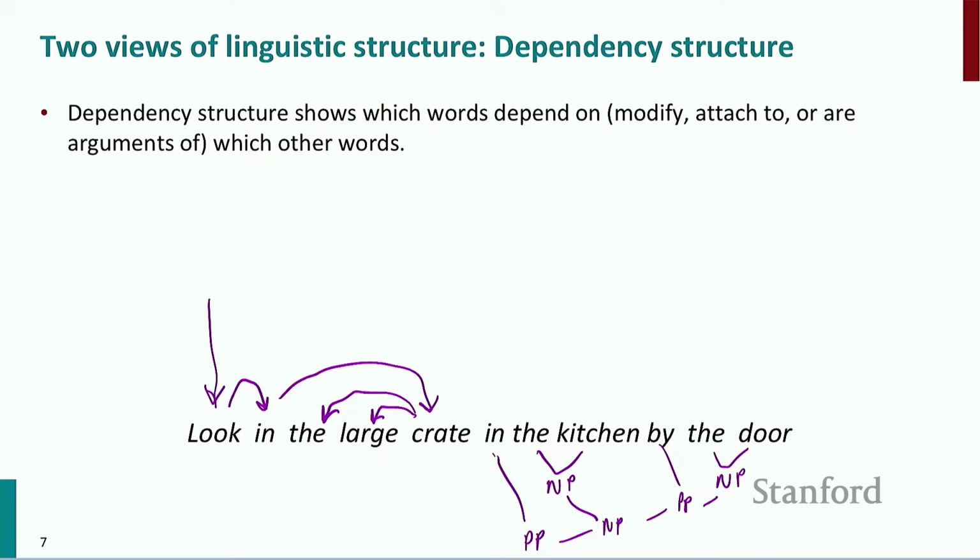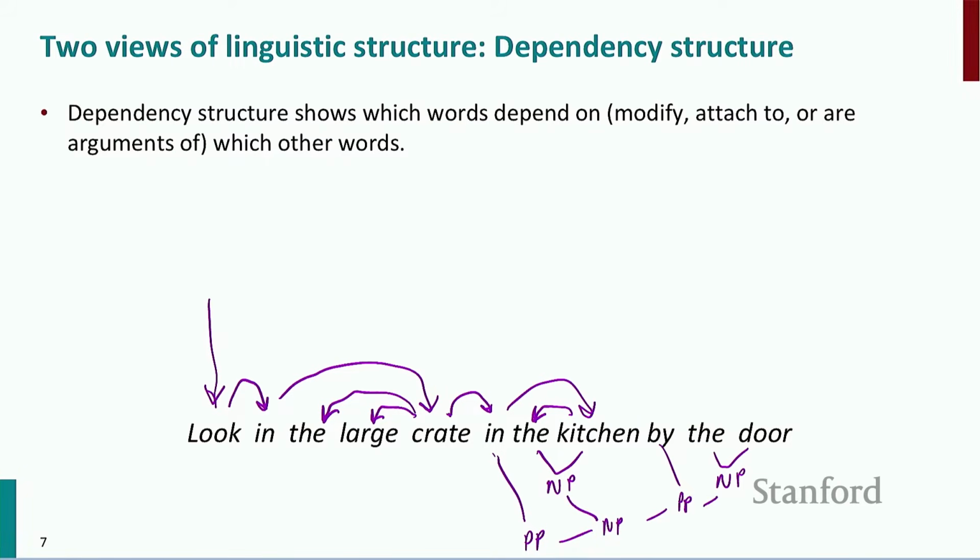So we are looking in something, and what we're looking in is a crate, and then the crate has some modifiers. It's a large crate, it's the large crate, and then the crate is also placed somewhere. It's placed in the kitchen, so in the kitchen is also modifying crate.